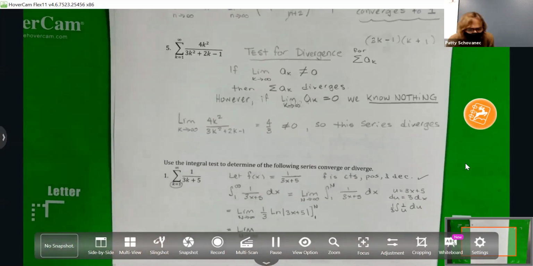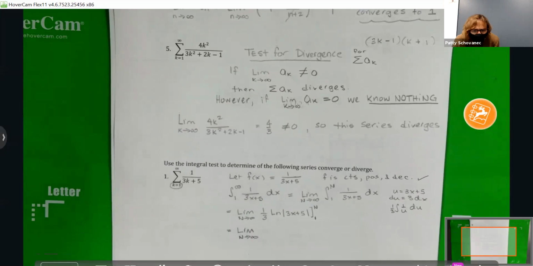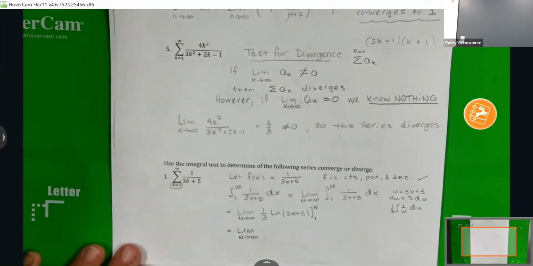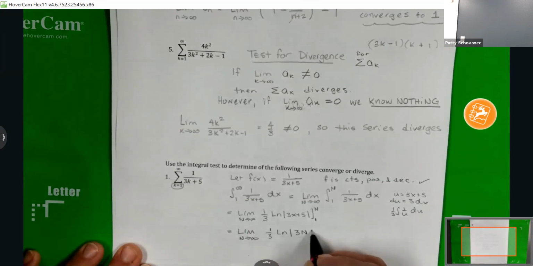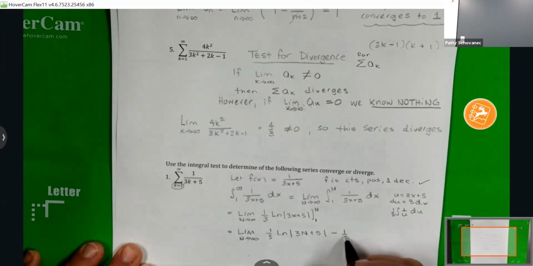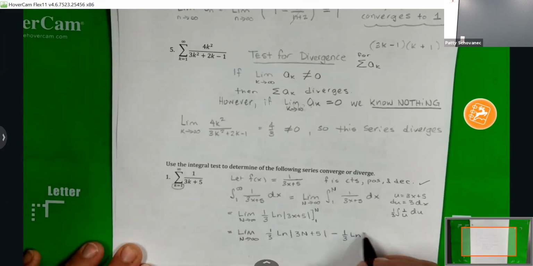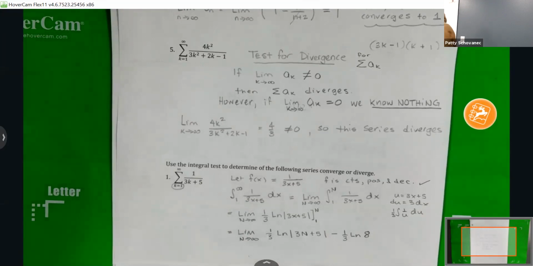So I got 1/3 natural log of 3n plus 5 minus 1/3 natural log of 8. What's your verdict on this limit here? As n goes to infinity, I've got the natural log of 3n plus 5. Diverges.